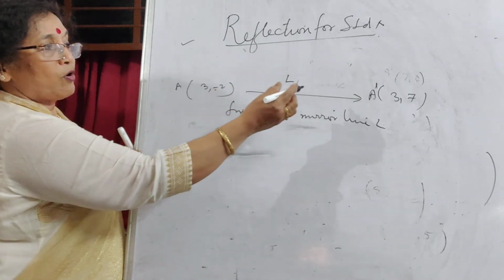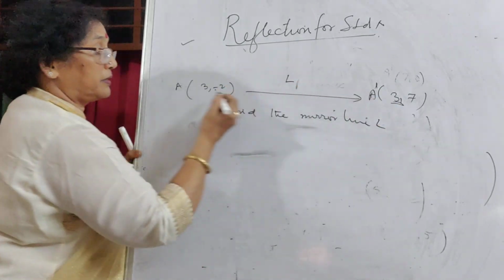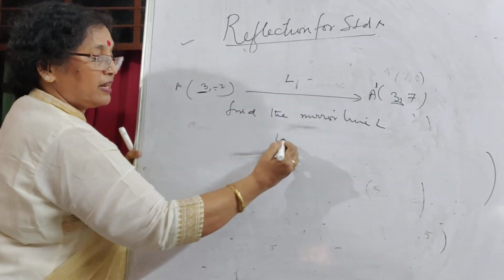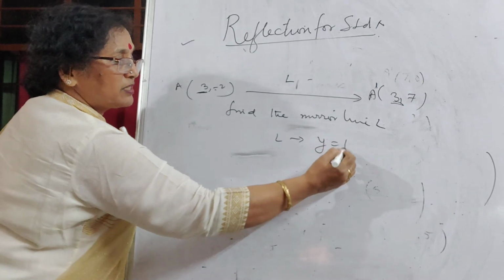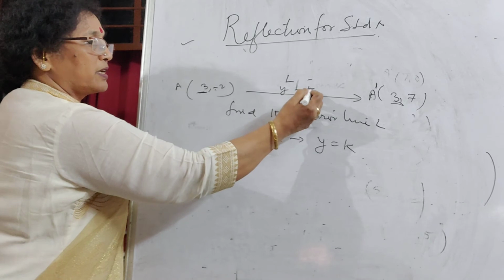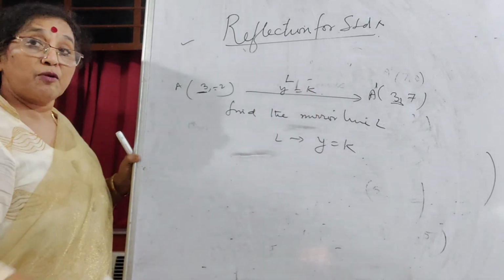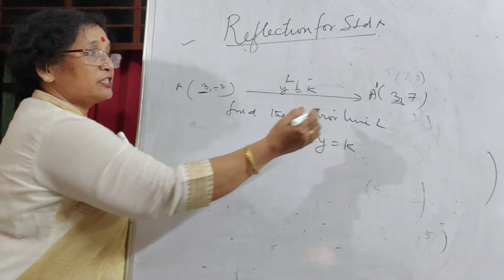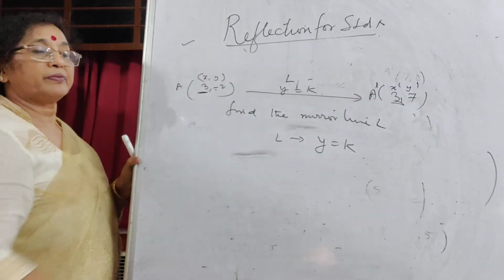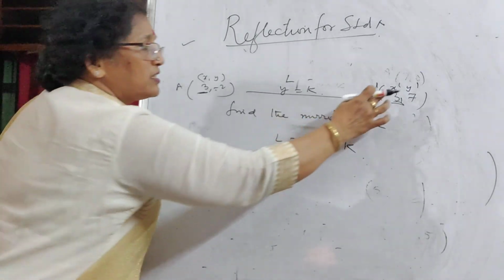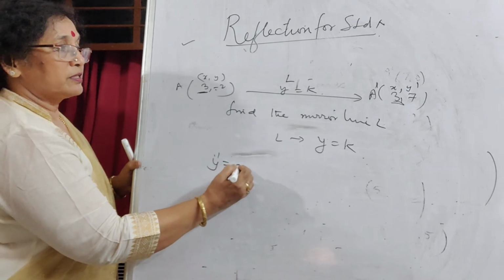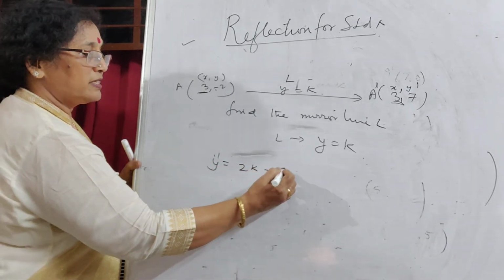So here, x is not changing, y is changing. Therefore the line L will be y equals k. How do you know? Because y is changing. Now put the formula. This is my x dash, this is my y dash, this is my x and y. x dash is x only, because x is the same. So y dash equals twice k minus y.